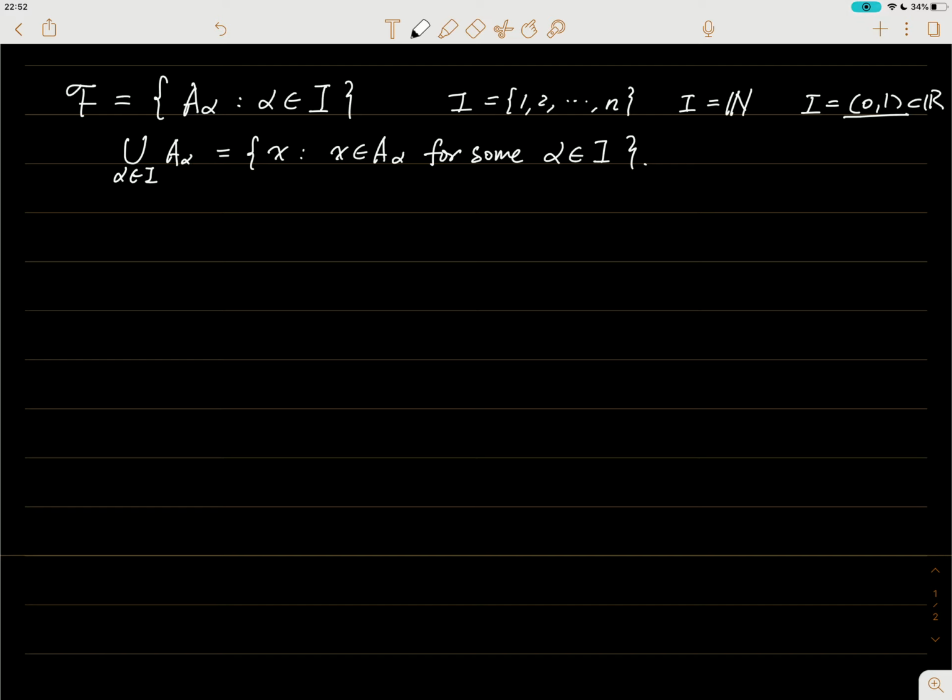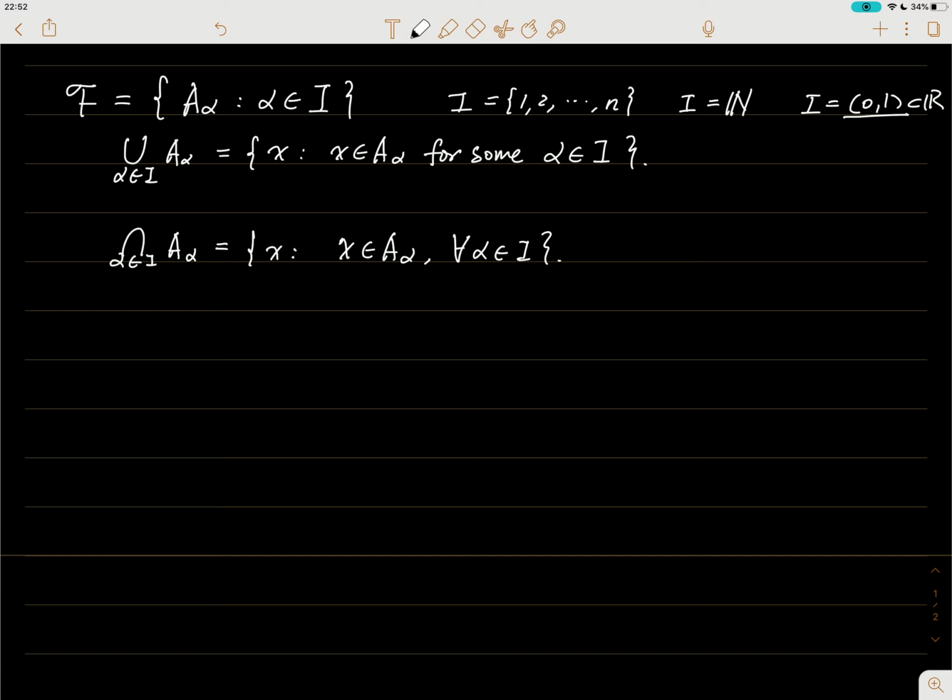You can also talk about the intersection of them. This just means all the elements that are in all of those sets. So we usually deal with these kinds of unions and intersections. Just try to get familiar with them.